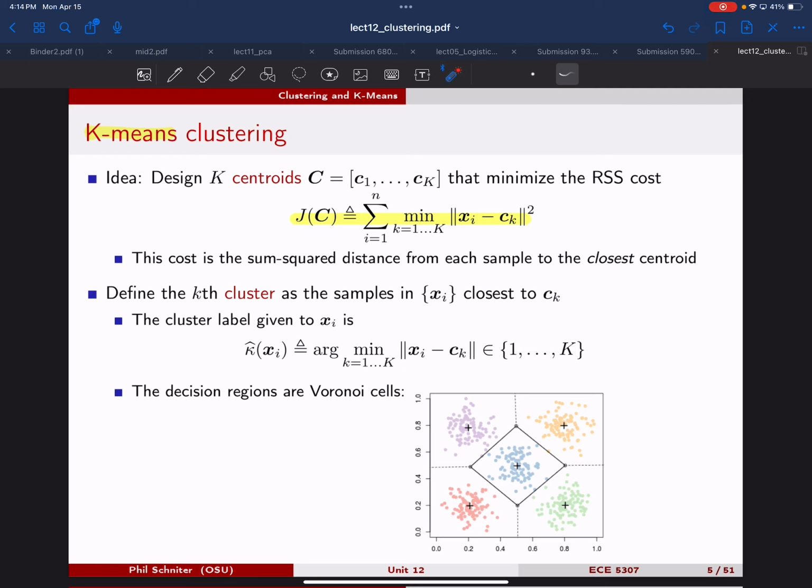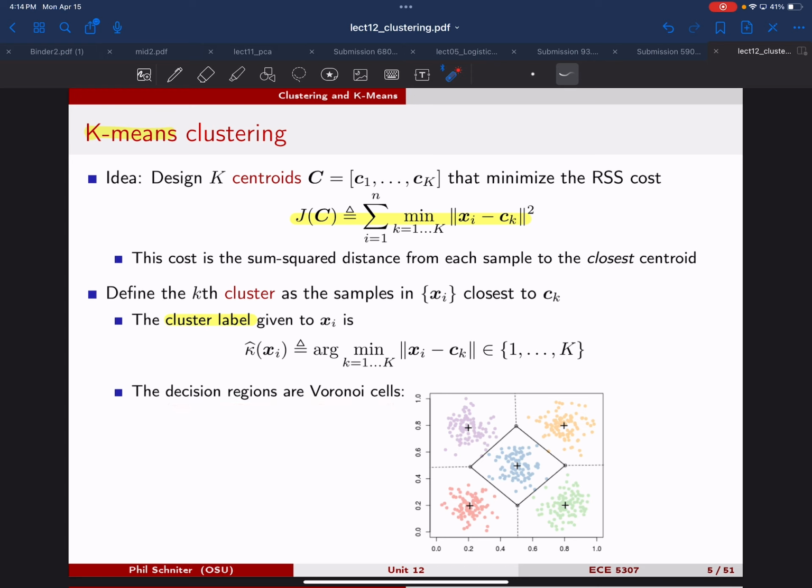Okay, so to understand this maybe better, once these centroids are designed and you want to use them to cluster your data, you just look for which of the centroids is closest to your ith data point. That's basically like doing this min, but let's do an argmin. So we'll actually capture the index k, and we'll call it kappa. That would be the cluster label. And if you think about it, these decision regions are just Voronoi cells.